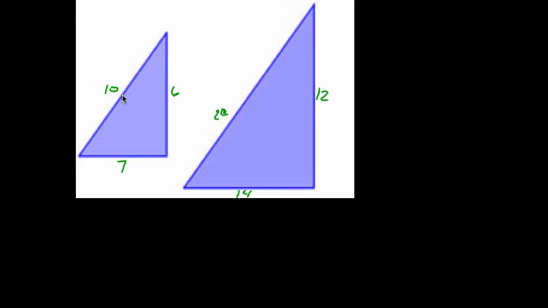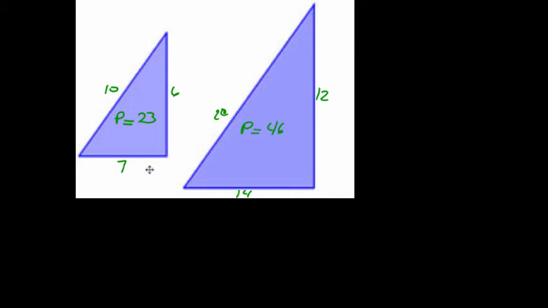Remember, perimeter means to add all three sides together. So 10 plus 6 plus 7 gives us a perimeter of 23. And on this side, I'm going to add 20 plus 12 plus 14, which gives me a perimeter of 46.